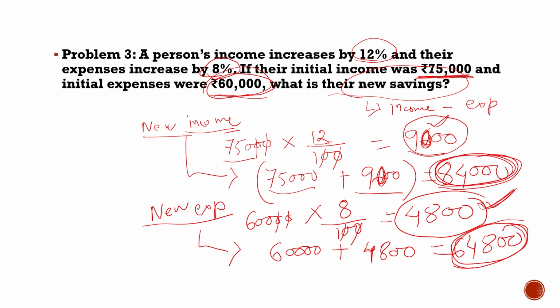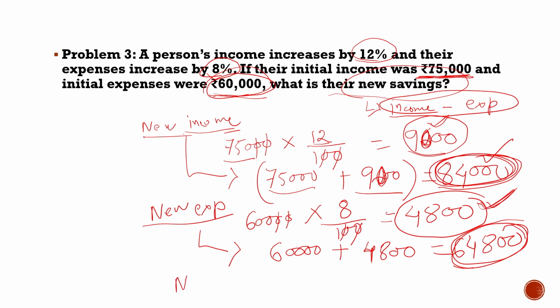So if you want to know my new savings level, you have to subtract as per this formula, income minus expenditure. So you have to subtract new expenses from new income. So I'll just write it here.